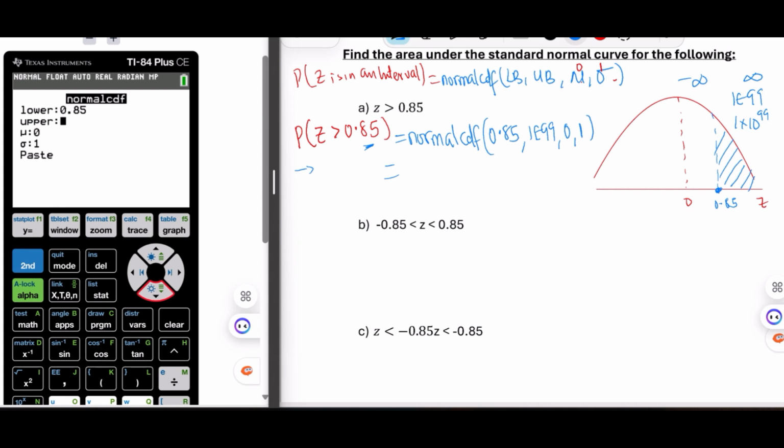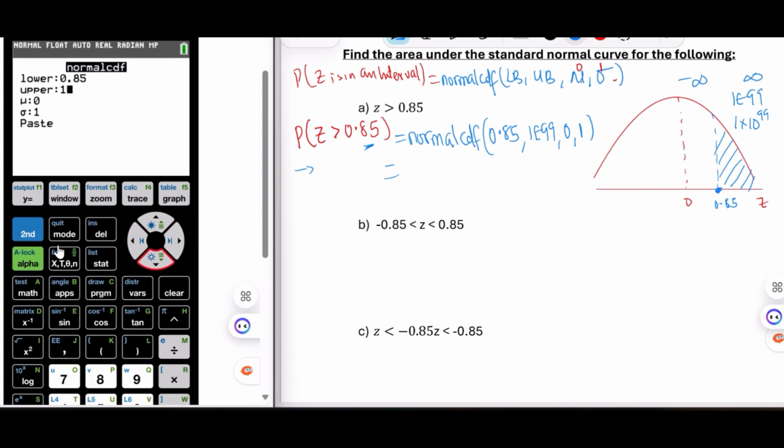And the upper boundary is infinity, which is 1e99. So I have my 1. To get the e, just press the second button, which is this blue button, and you press on the comma over here, which you can see has the E over here. Then you have the 99. The mean is 0, sigma is 1, and you can paste the answer to this.